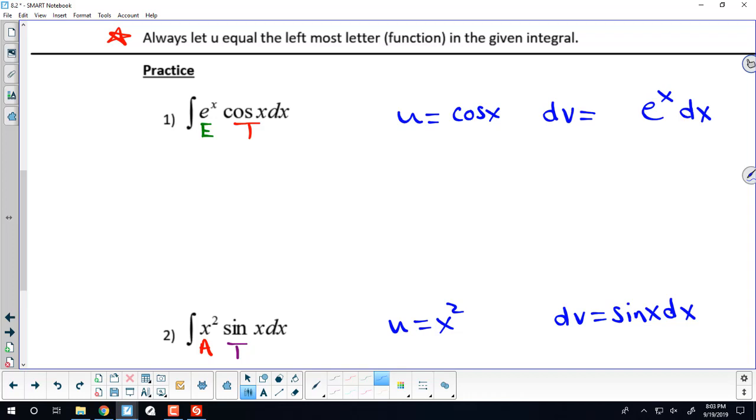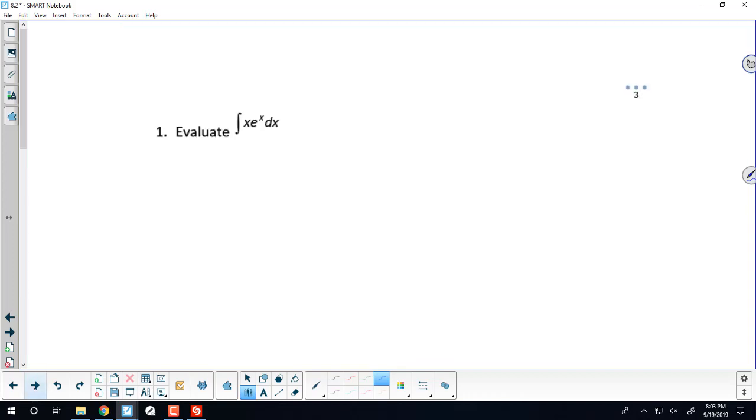All right, so we've kind of identified our u and our dv. Let's look at an actual example. To find the antiderivative of x times e to the x, we're going to identify u and dv. So we should let u equal what?